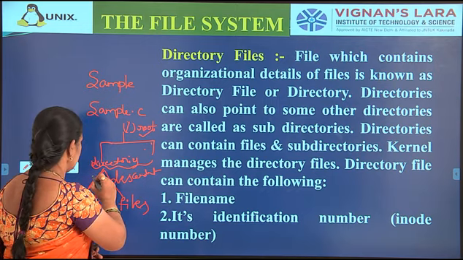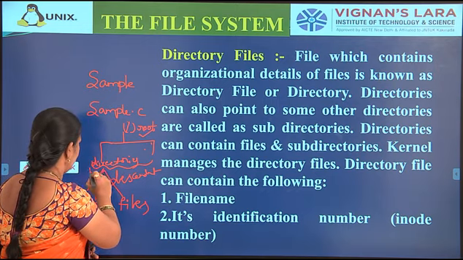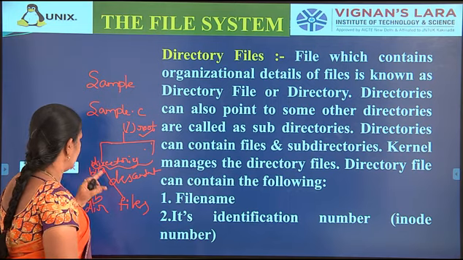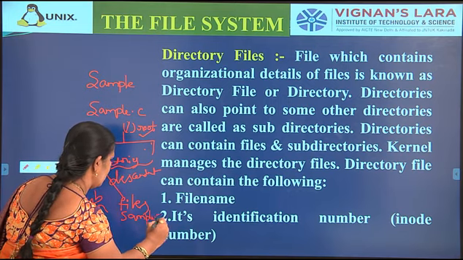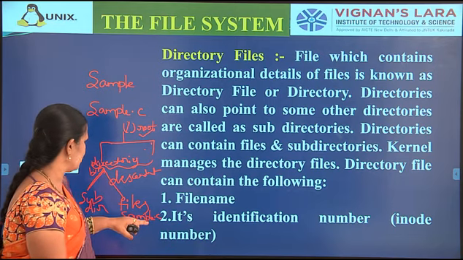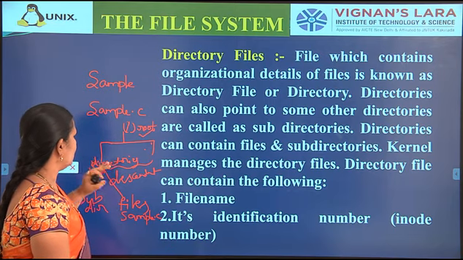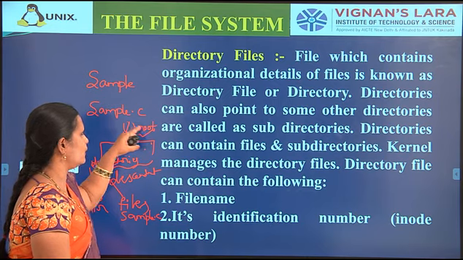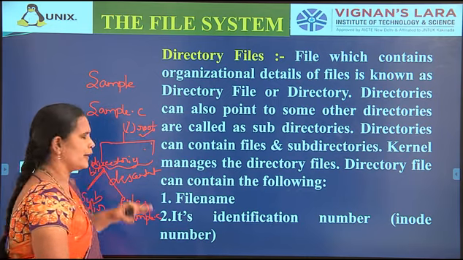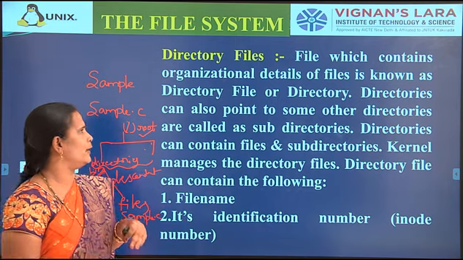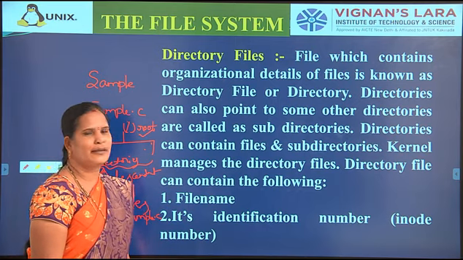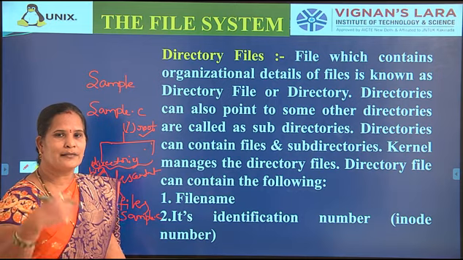This is known as a directory. For example, here bin is one directory. Under bin, sample.c is a file. This one is treated as a file, this one as a directory, and this one as the root. So a directory can contain a collection of subdirectories and files.